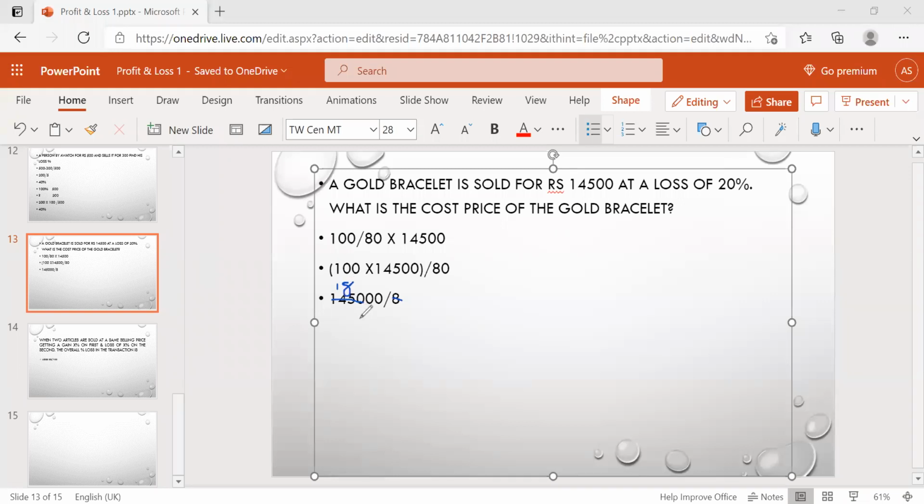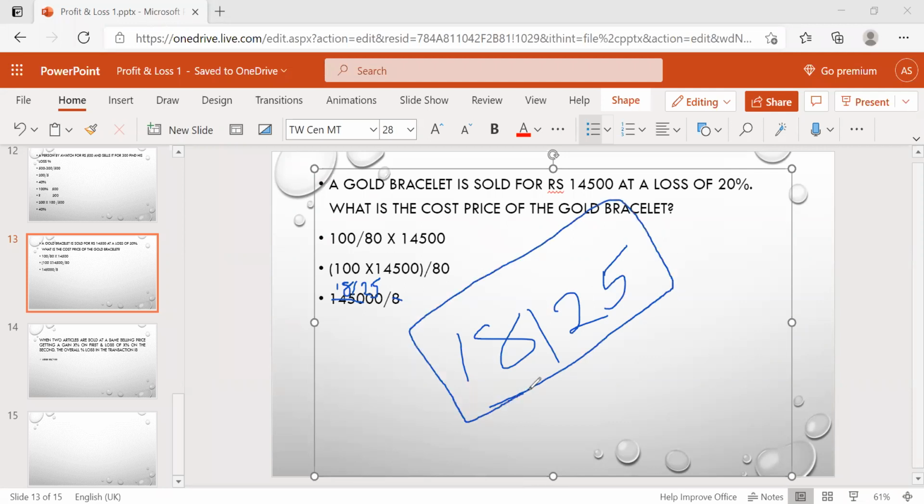So we get 1 8 1 2 5, right? Calculating this we get 18,125 rupees. It's the cost price.